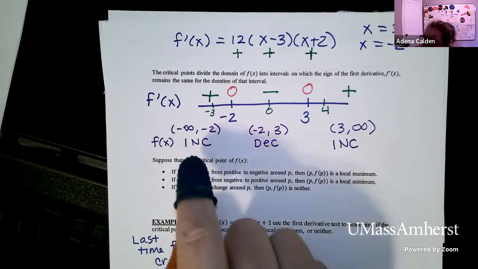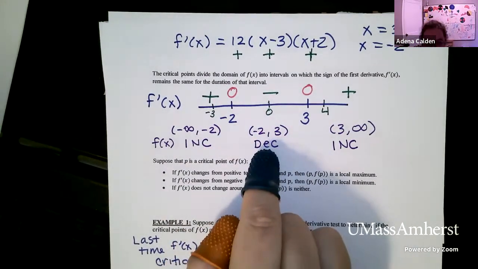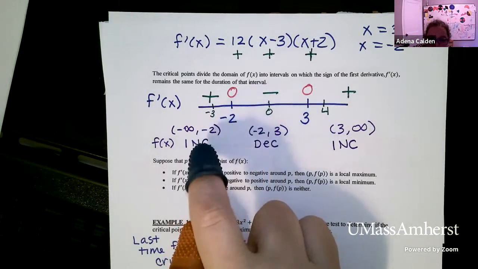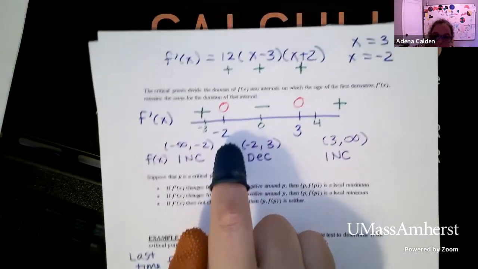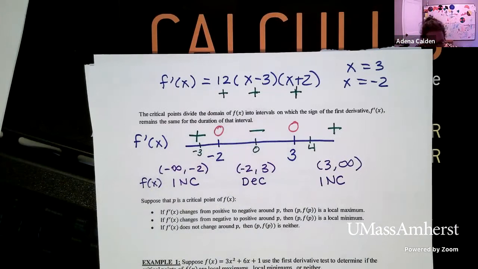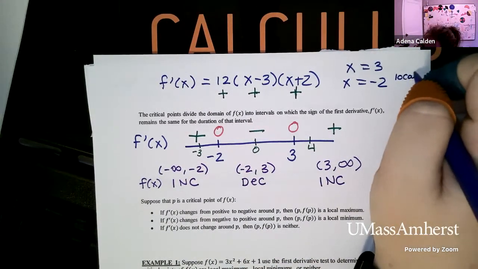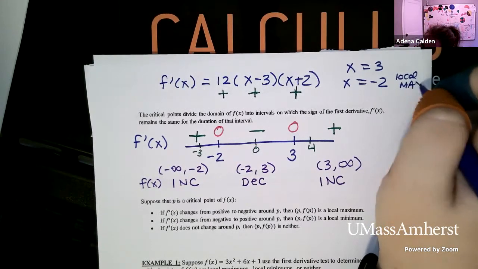Well, if my original function goes from increasing to decreasing, I know that that creates that hill that makes -2 a local maximum. Okay. So this is a local max.